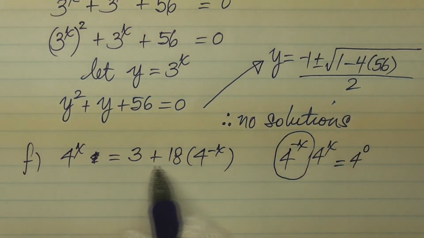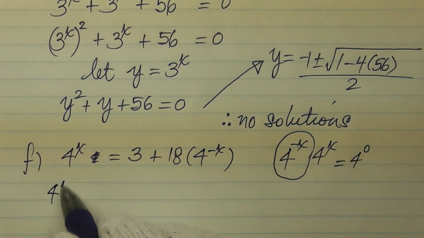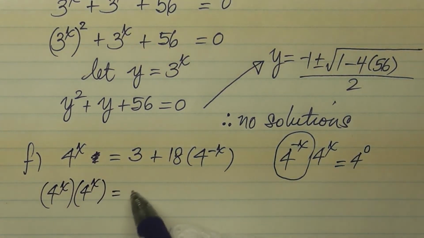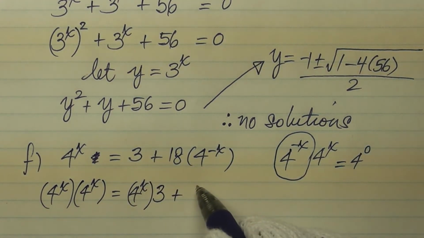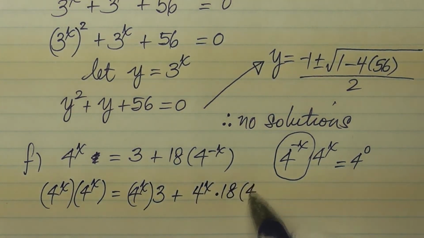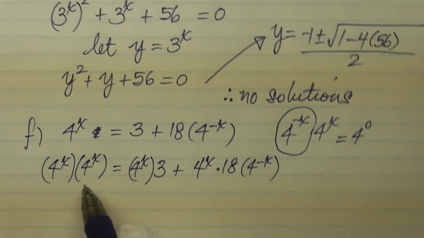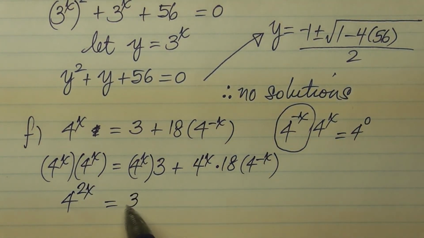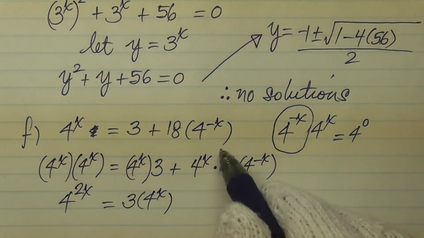So I'm going to take everything here and multiply by 4 to the x. 4 to the x times 4 to the x is going to give me 4 to the 2x. 3 times 4 to the x. These two will cancel.